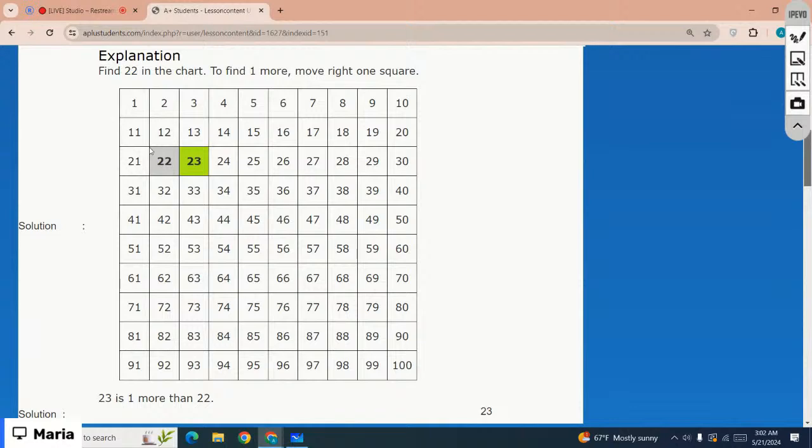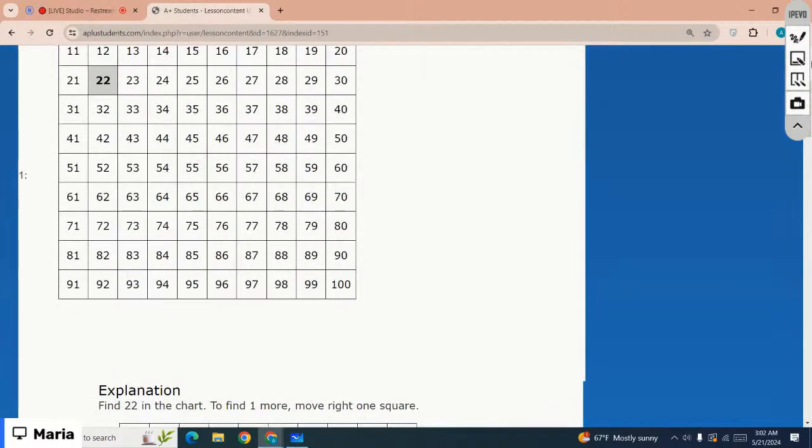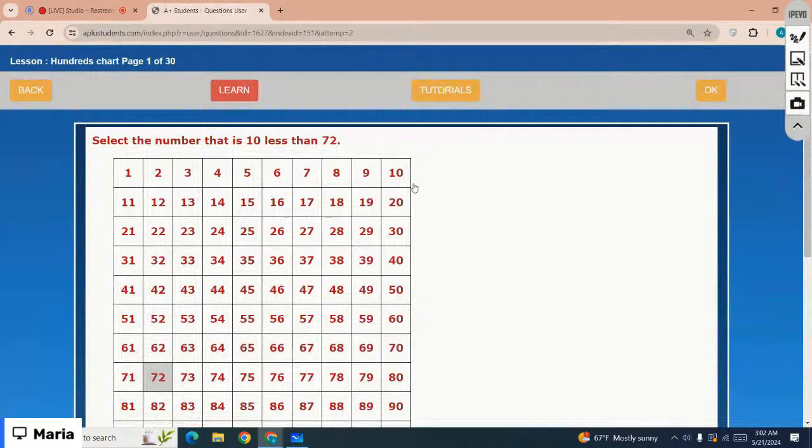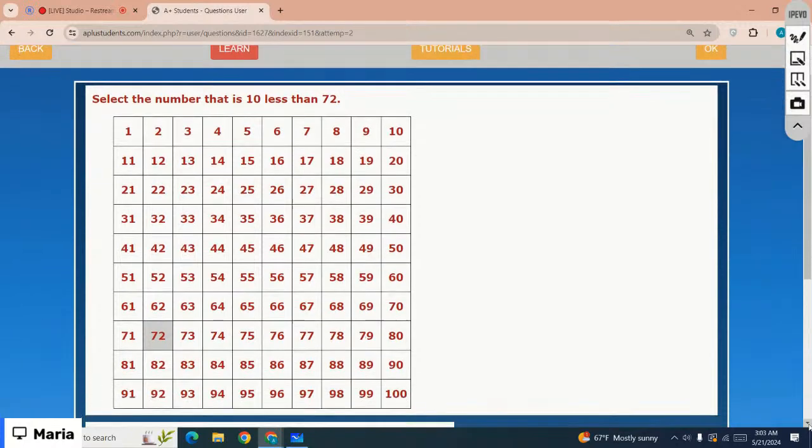Okay, let's start with the test questions. Select the number that is 10 less than 72. So which is the correct option? First, you need to find the 72 on the chart.